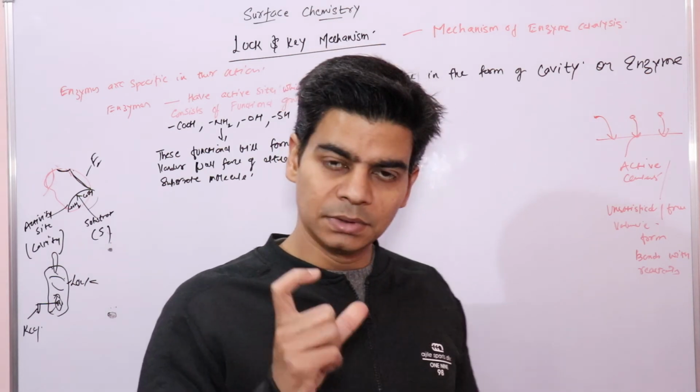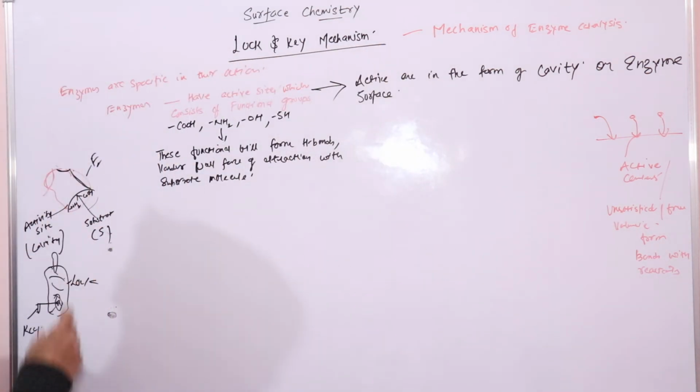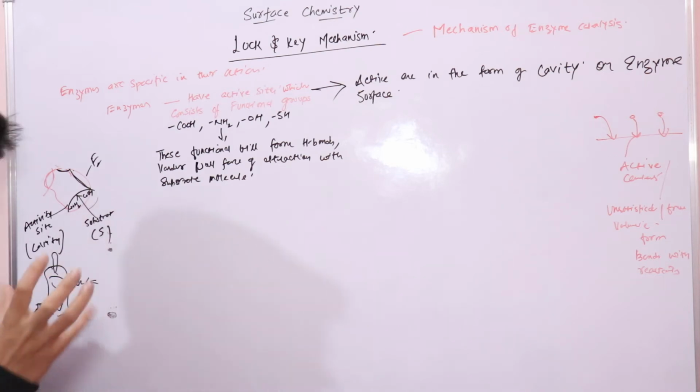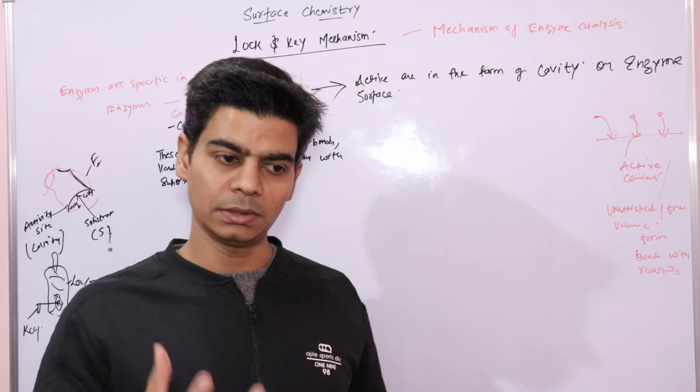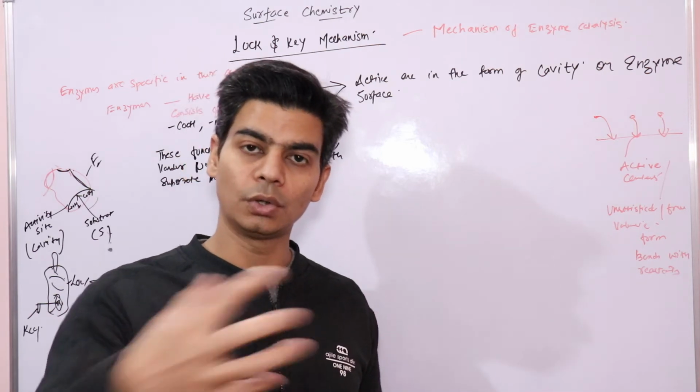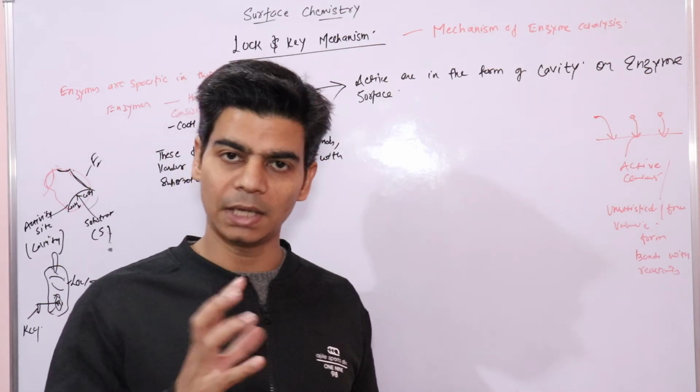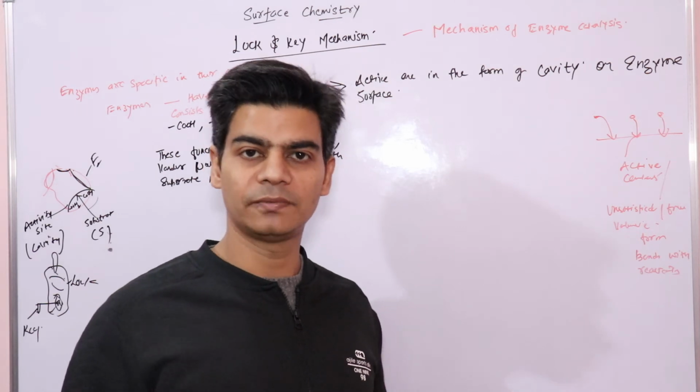And this cavity is such that only one particular substrate will fit into it, while another substrate would not be able to fit into that cavity, and that is why enzymes are specific in their action.